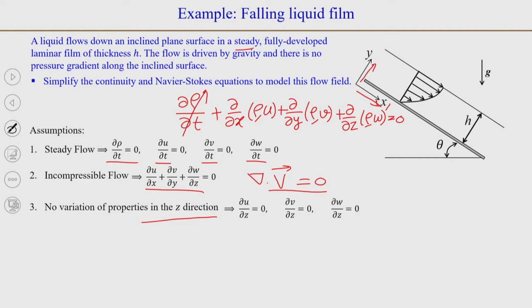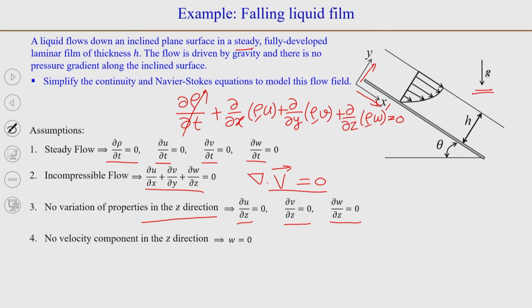So, there is no flow velocity normal to the screen, and there are no gradients along that direction. So, ∂u/∂z is equal to 0, ∂v/∂z is equal to 0, and ∂w/∂z is equal to 0. The gravity acts along this direction, so it will have x and y components.